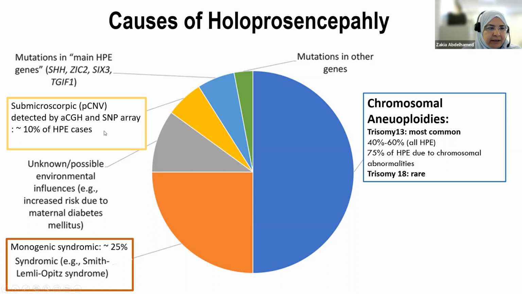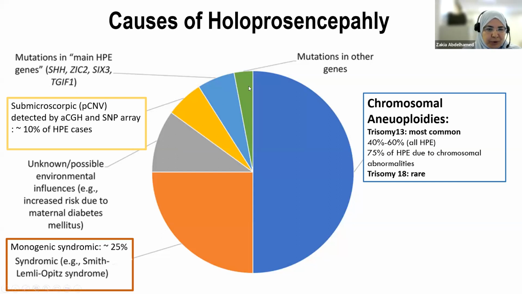Next are submicroscopic chromosomal abnormalities, the pathogenic copy number variants, which account for about 10%, and I will go through this very soon. Also 25% of the cases are due to monogenic syndromic conditions like Smith-Lemli-Opitz and Meckel-Gruber syndrome. About 10 to 12% are due to environmental causes.